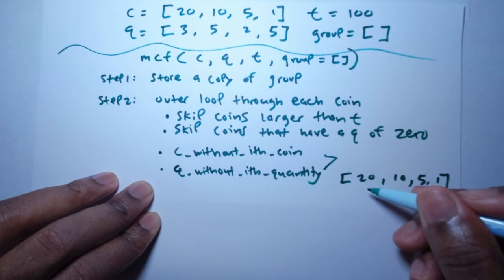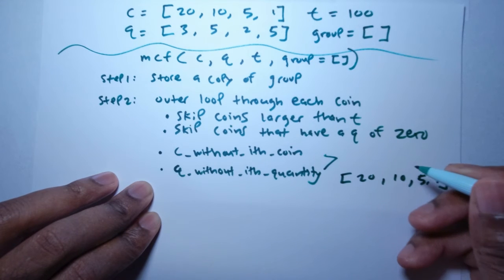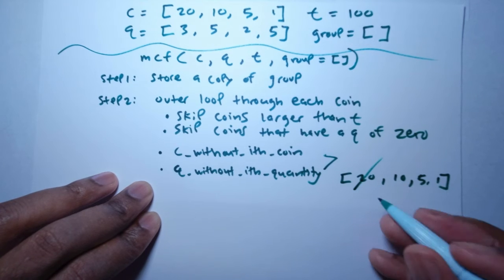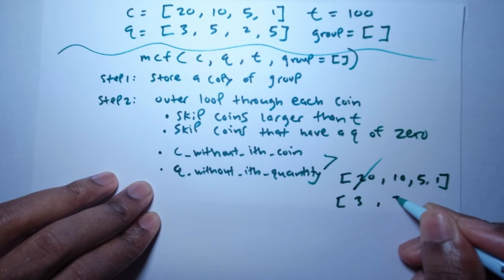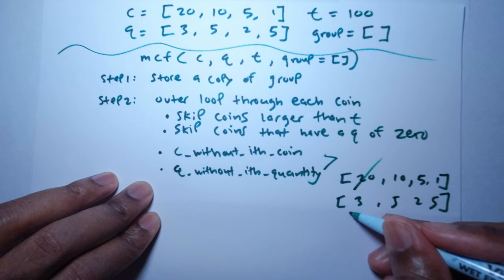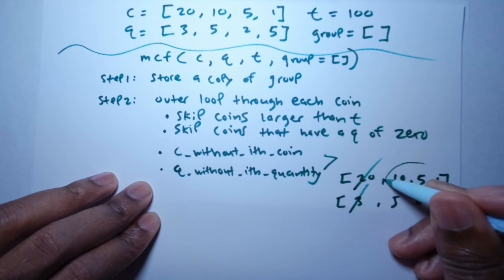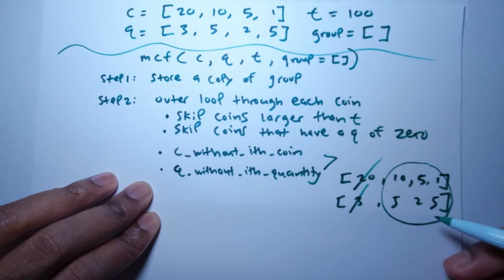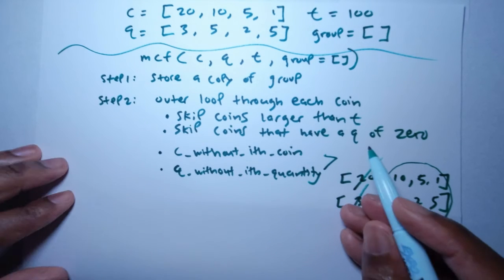Within the inner loop, which we'll get to in just a moment, we're going to consider the possibility of this problem in which we don't have the 20-cent coin. And in a similar fashion, we want to take the quantity list and eliminate that as well. So our problem becomes simpler and we're only considering these as the coins and also as the quantity that we have. That's essentially why we have to define that here.